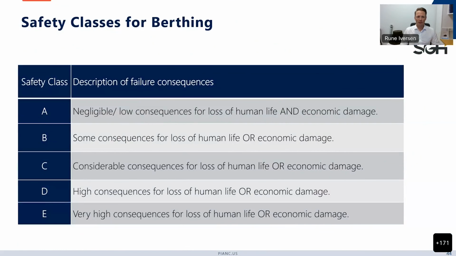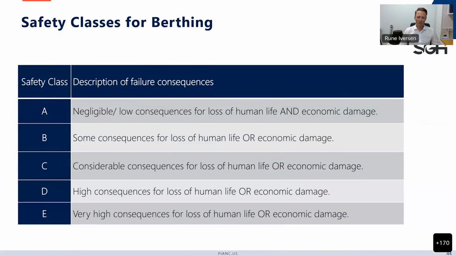So we started by developing safety classes for berthing. From A to E, there's a lot more text surrounding these safety classes here, but it basically ranges from negligible or low consequences for loss of human life and economic damage to very high consequences for loss of human life or economic damage.